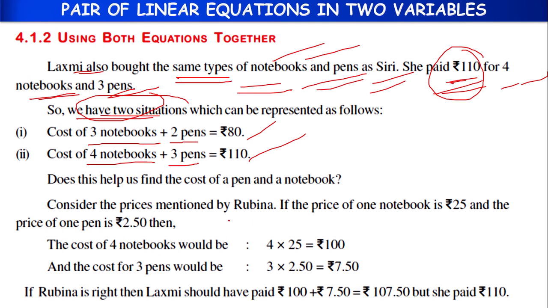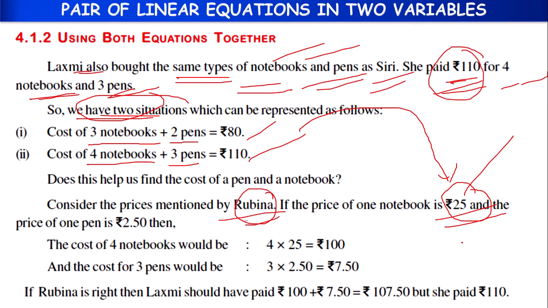According to Rubina's guess, one notebook is 25 and one pen is 2 rupees 50 paise. Let's apply these to Lakshmi.